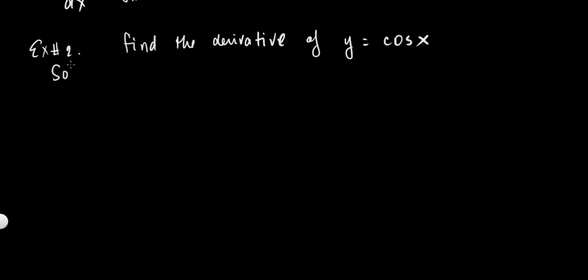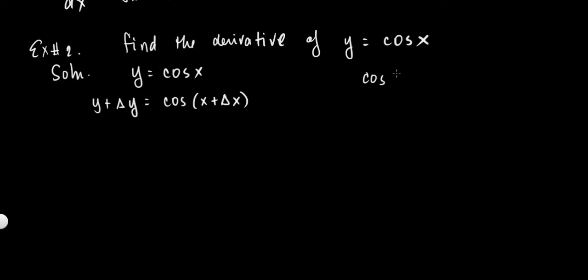Okay? For the solution, so y equals cosine x. So change in x and change in y. So we have y plus delta y equals cosine of x plus delta x. Okay, cosine x delta x. We have sum of two angles.